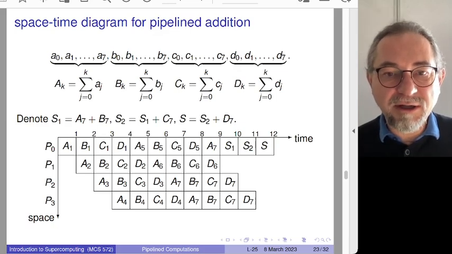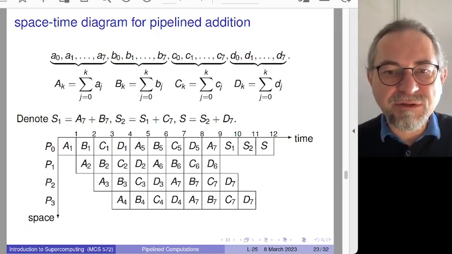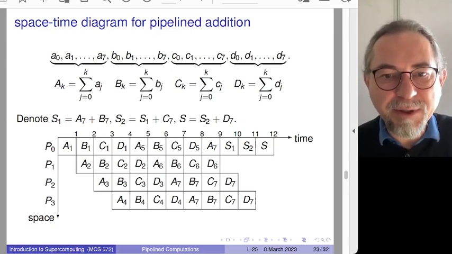Okay, there is some extra notation that is needed. So the pipeline stops, so we have 32 numbers.